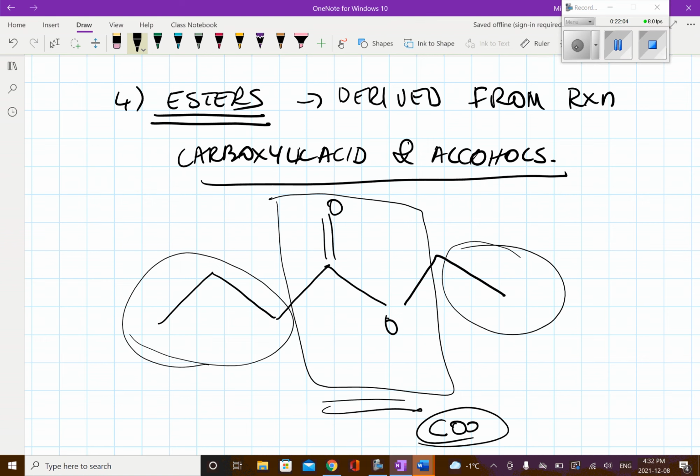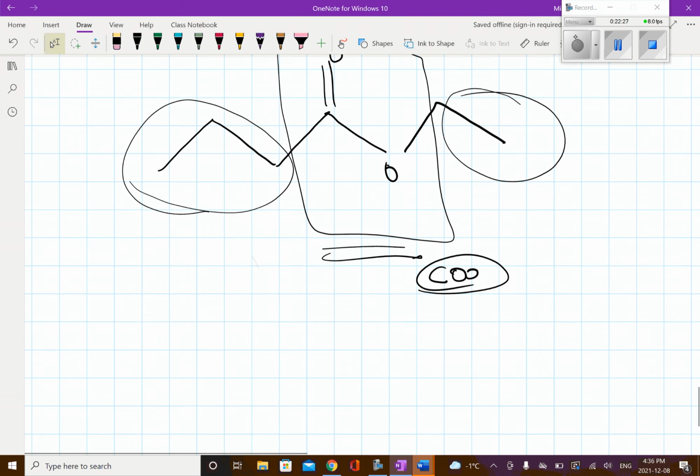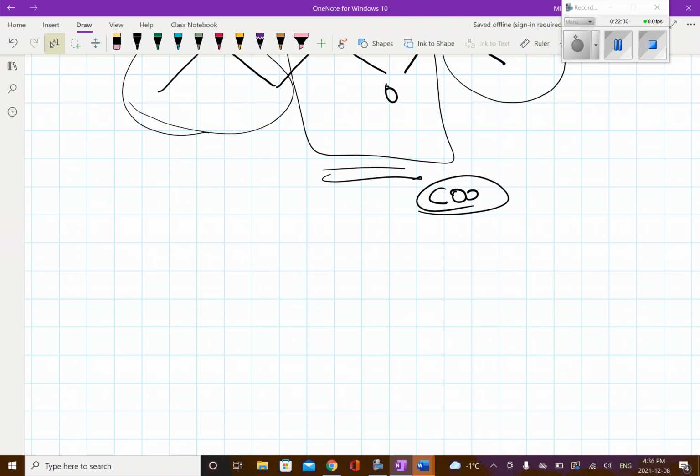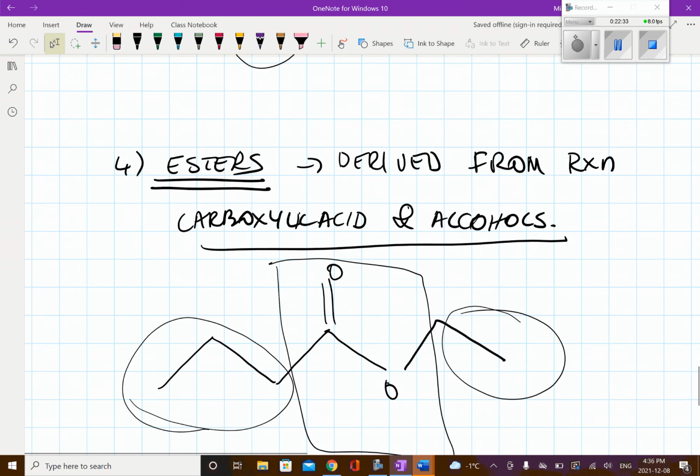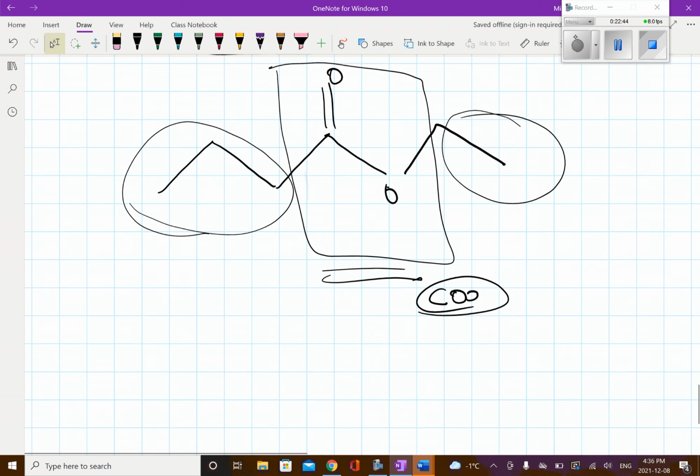Okay, when we are naming, the alcohol name is given first as an alkyl group, followed by the acid. Naming the acid, drop the IC and replace it with ATE. We'll see more of this last part when we talk about the reactions, but just so you know. So we said that ester is derived from a reaction of a carboxylic acid with an alcohol.